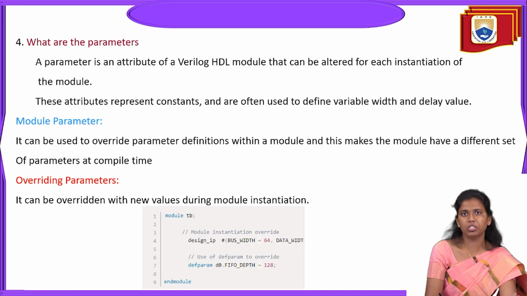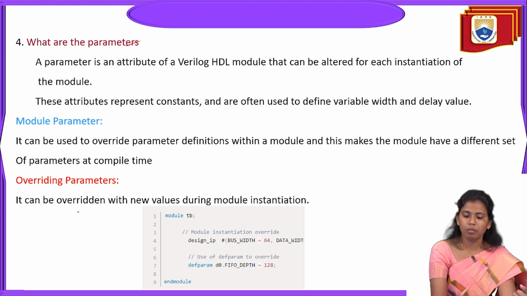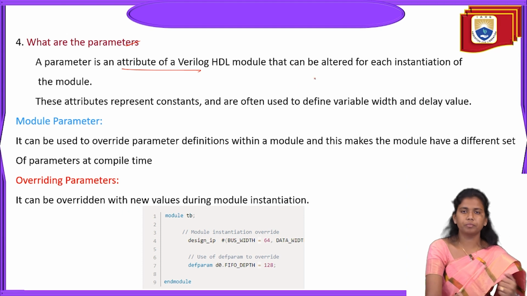coming to the fourth definition, what are parameters? In order to construct any sort of code, in any kind of language, we will observe that a few variables or parameters are required. Parameters are an attribute to a Verilog HDL module that can be altered for each instantiation of the module.